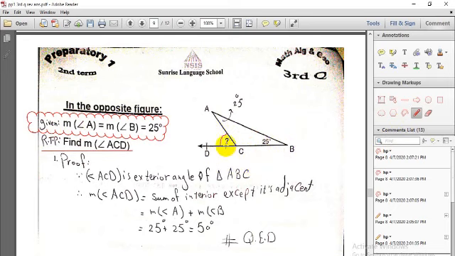So if this angle is exterior, it equals the sum of the two interior angles except its adjacent. So it's equal to angle A plus angle B, 25 plus 25, which is 50. Very good. And QED, here I give you the answer.